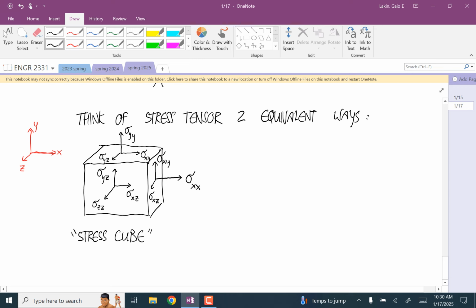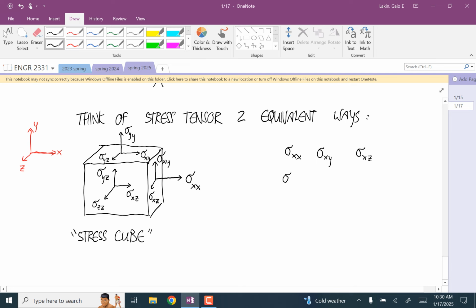To do math with this, the equivalent form is the stress tensor, and that looks like this, a 3x3 matrix: sigma xx, xy, xz. And this is a symmetric matrix because of the rotational equilibrium.